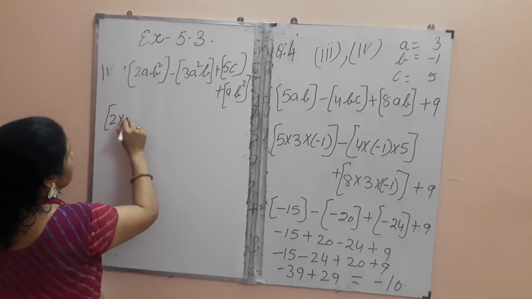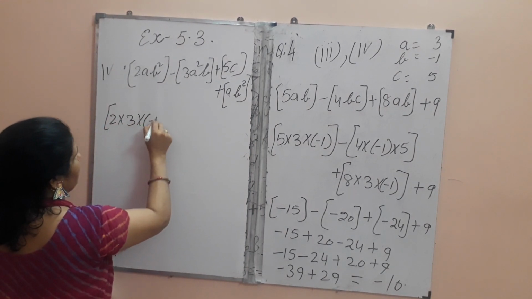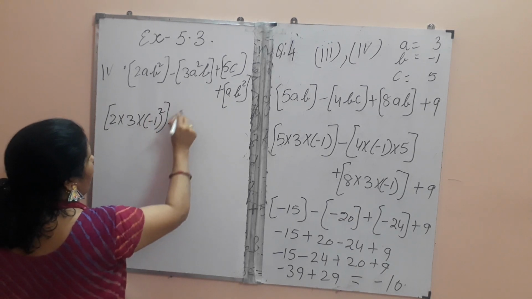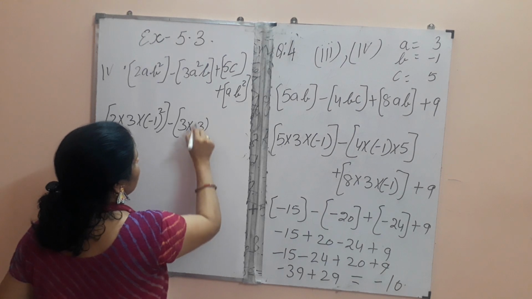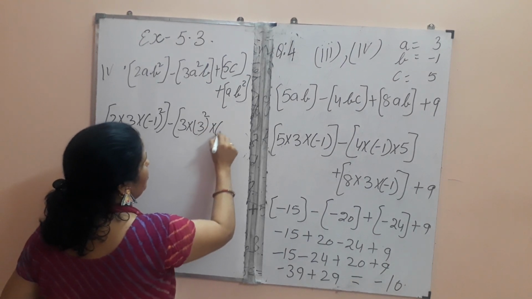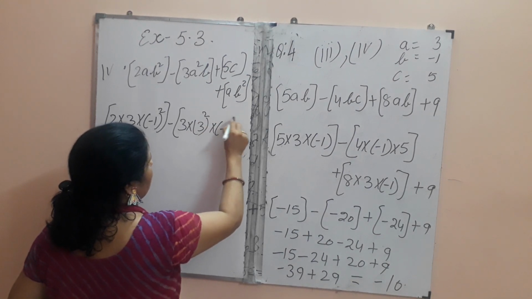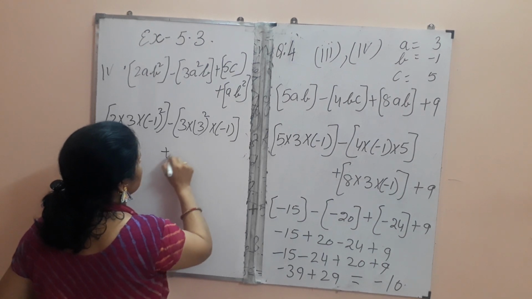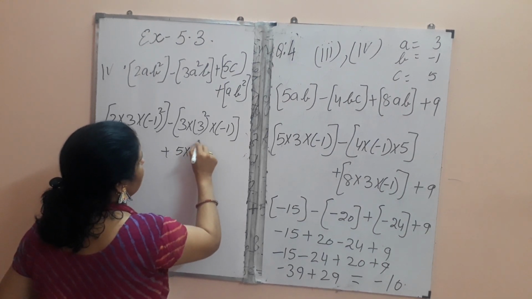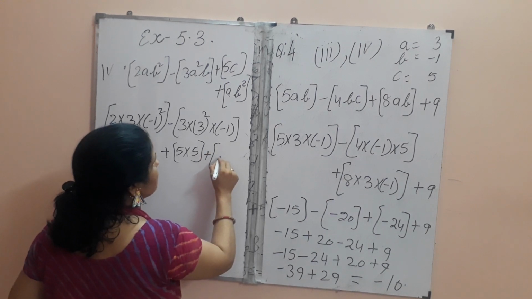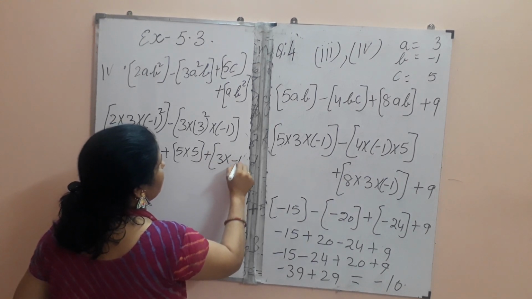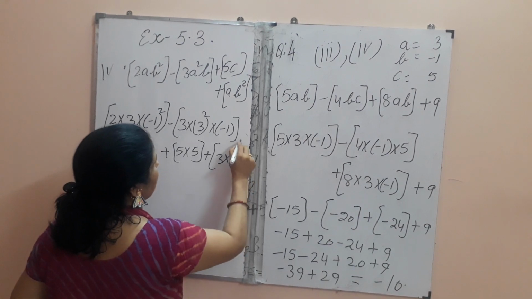2 into a is 3 into minus 1 square, minus 3 into 3 square into minus 1, plus 5 into 5 plus a is 3 into minus 1 square.